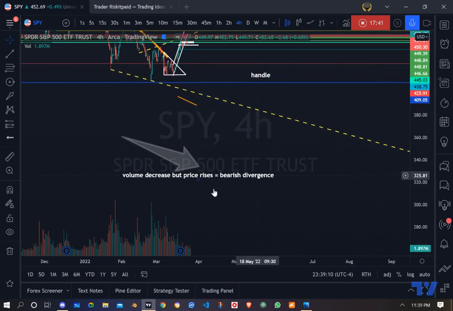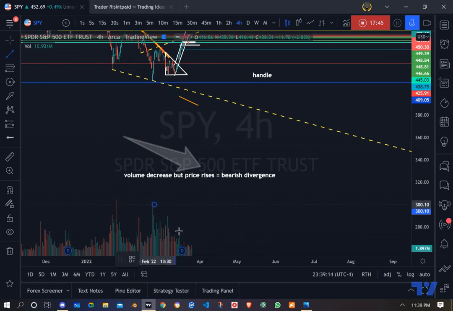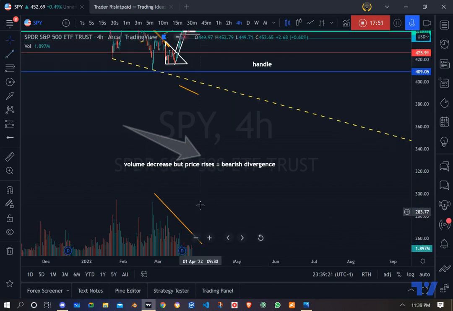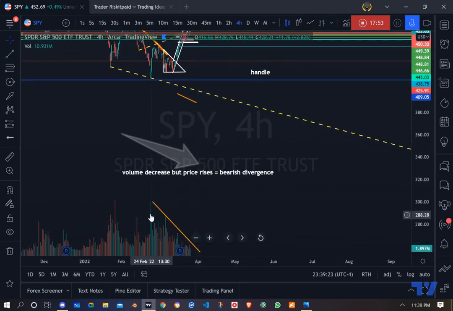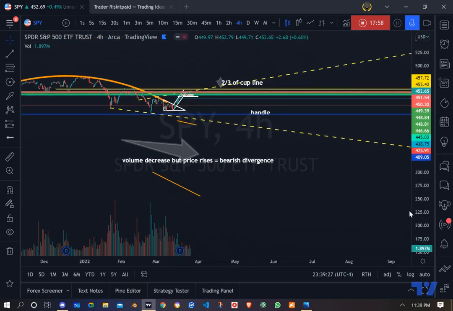But even here's another look on the 4-hour chart. You can see all of this volume is just shooting down, but price is just rising. Price is just rising.